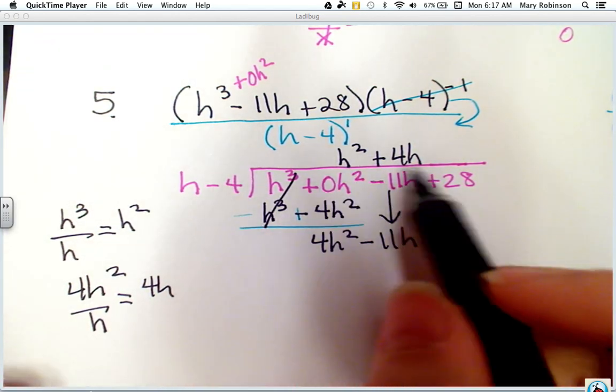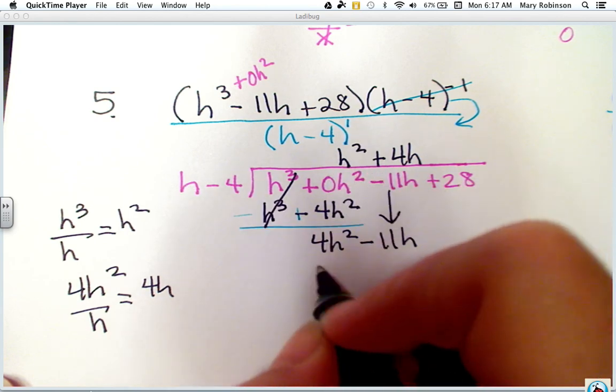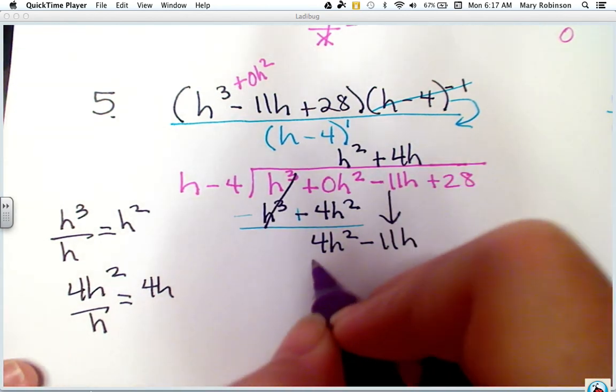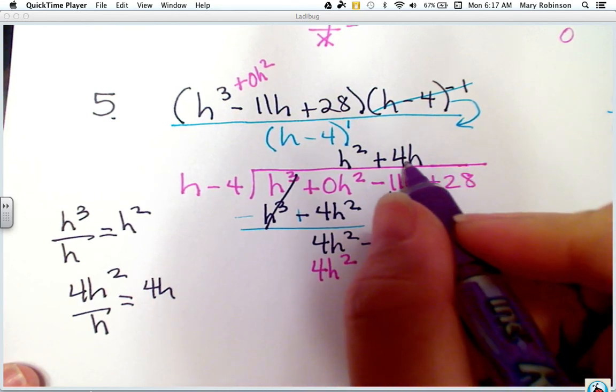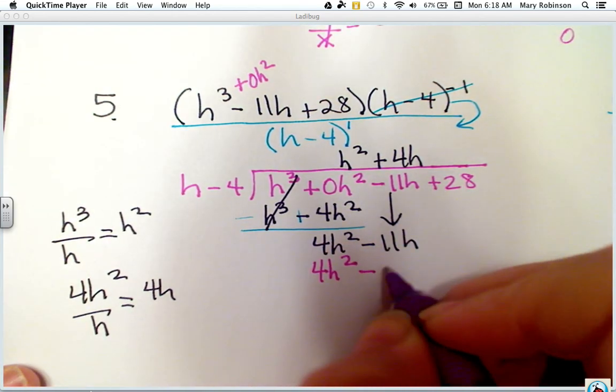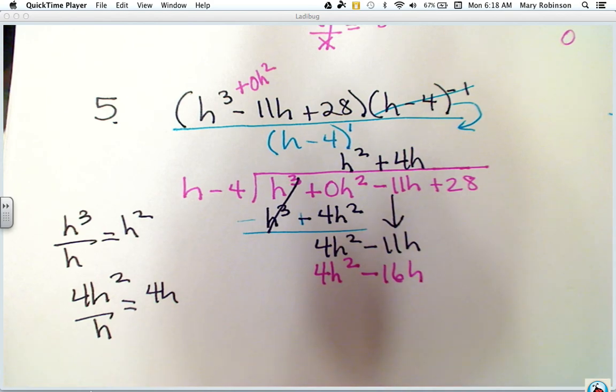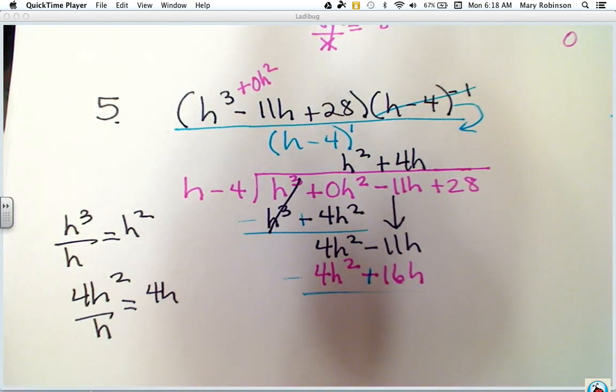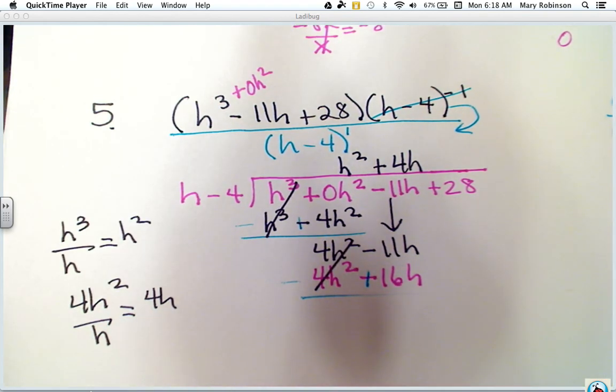And then multiply again. 4h times h is 4h squared. 4h times negative 4 is negative 16h. We're going to draw our line and change our signs. These will cancel out.